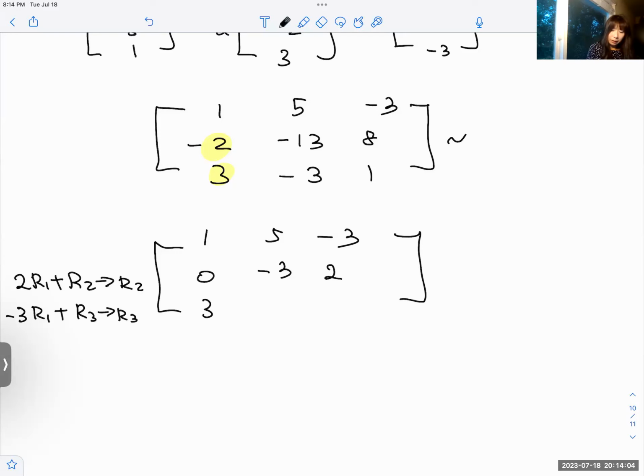So we get 0, -15, -18, and -9 plus 1, it's -8, correct?